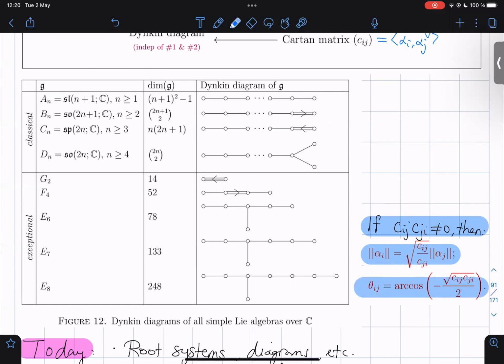Remember, the bond between these nodes is the product C_ij C_ji, and this is heavily restricted, so it could be either 0, 1, 2, or 3. It has to be these positive integers. So that's the classification.